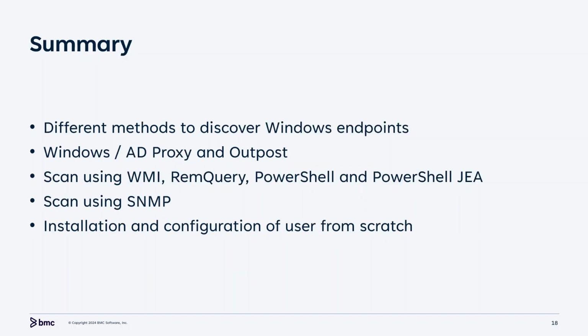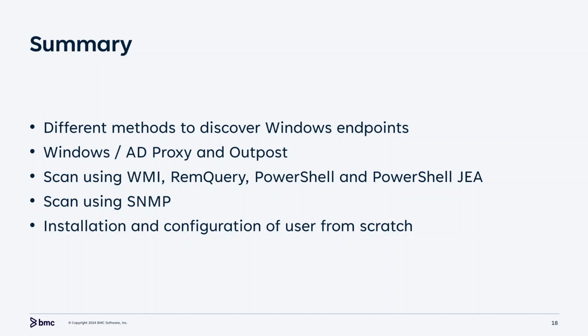In summary, we focused on many different methods used to discover Windows endpoints. We installed supporting components such as Windows or credential proxy, AD proxy, and Outpost. We configured different types of credentials like Windows credential, AD credential, PowerShell, and SNMP, and we scanned using WMI, RemQuery, PowerShell, and PowerShell JEA.